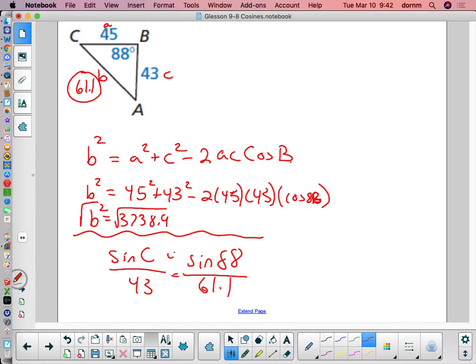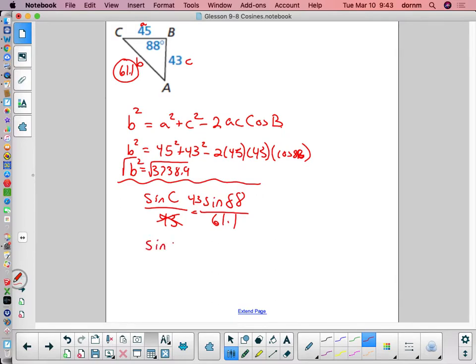I can just multiply both sides by 43 to get rid of that denominator. So I get 43 sine 88 equals about 42.97 divided by 61.1. It's 0.7033. So sine of C is 0.7033.